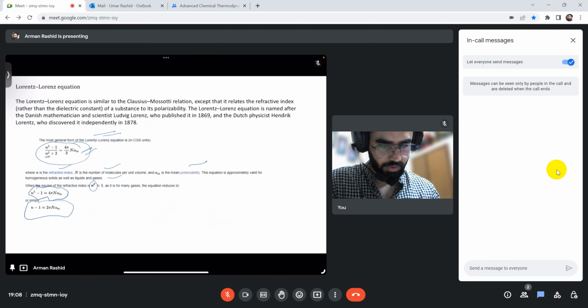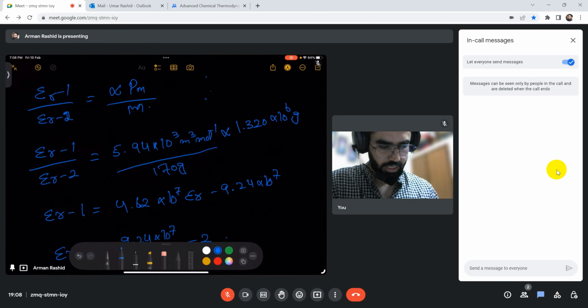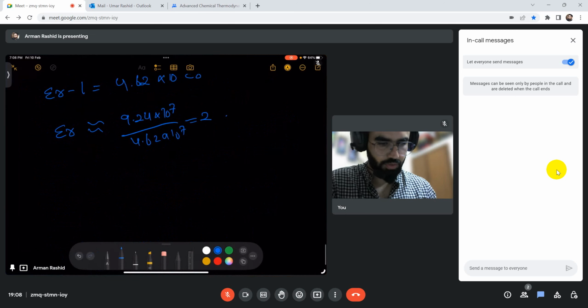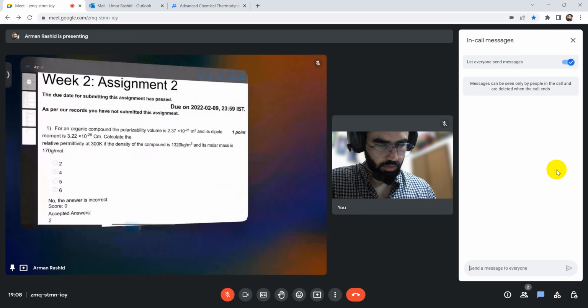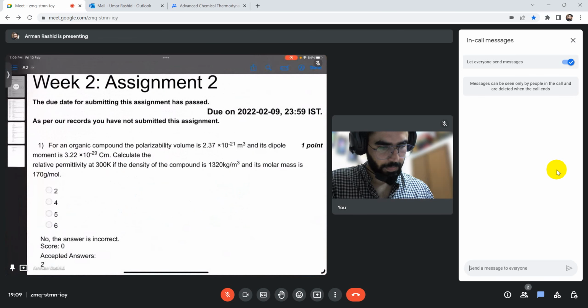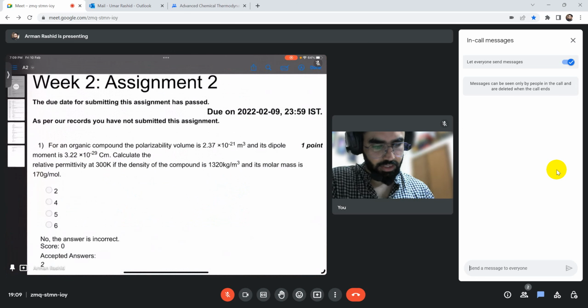So we needed to know the number density. That concludes our first question. We have determined that the dielectric constant is almost equivalent to 2. Here the density of the compound was given, which I have used. So the answer is 2.